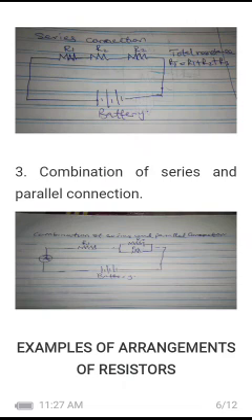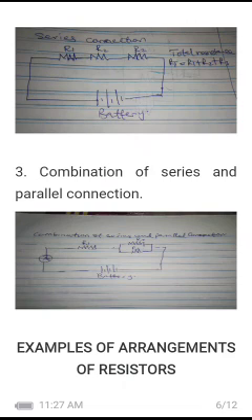And so the formula will be RT equals R1 plus R2 plus R3. Meaning that if the first resistor is 2 ohms, the second one is 3 ohms, and the third one is 1 ohm, you just add them together and that forms the total resistance. You will look at the examples as we continue.